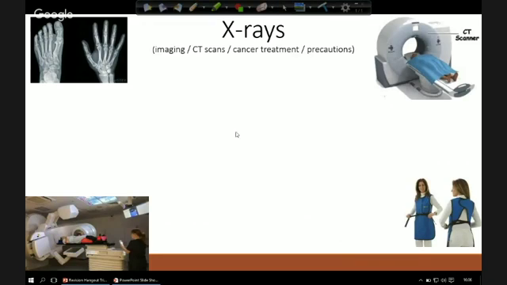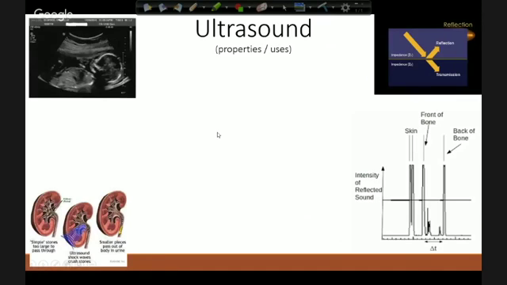Now, bear in mind that on the next slide, we're going to be looking at ultrasound and be thinking about how we can compare ultrasound to X-rays. So the first thing to start off with is what is an ultrasound? Well, an ultrasound is a sound, but it's at a higher frequency than human hearing.